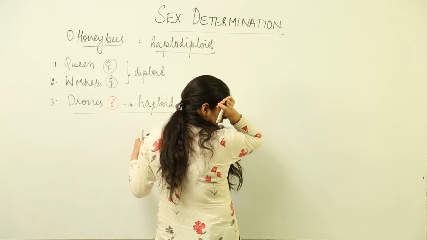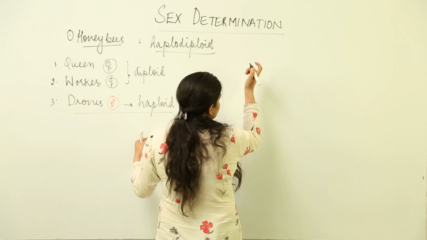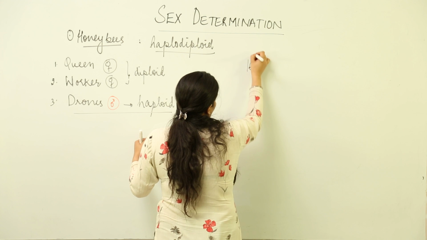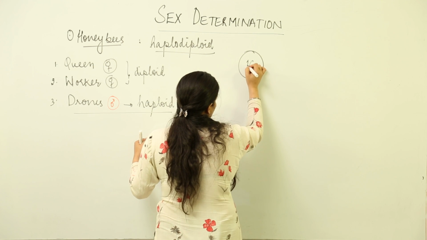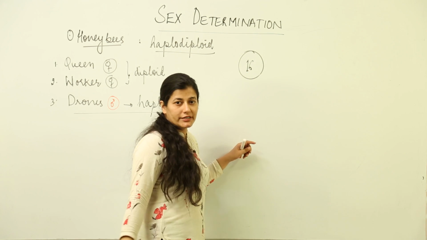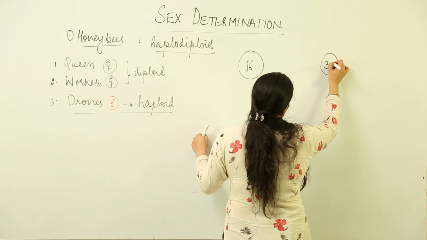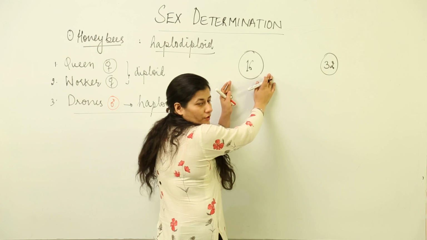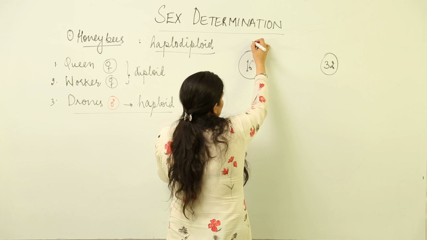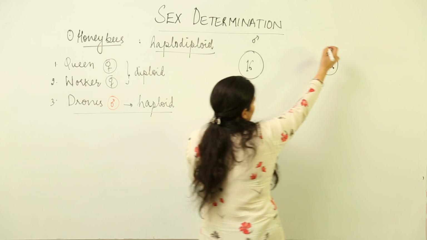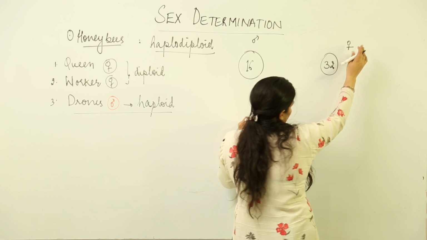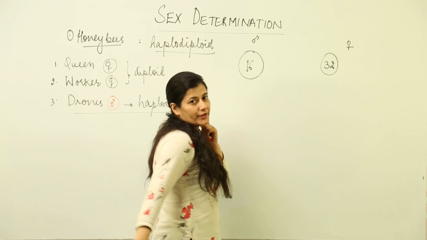Supposedly we have the parents. This is the male parent, having 16 chromosomes in haploid condition, and this is the female, having 32 chromosomes in diploid condition. So this one is a male and this one is a female. This could be a worker and this would be a drone.